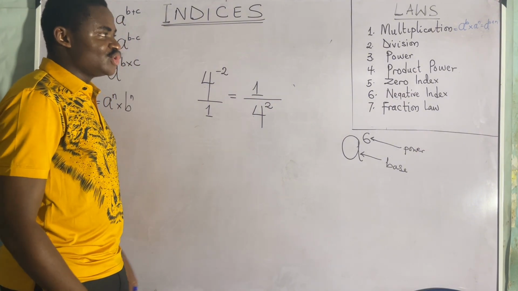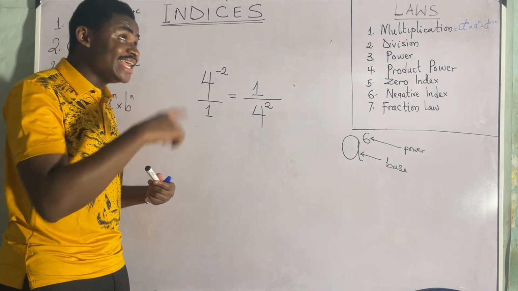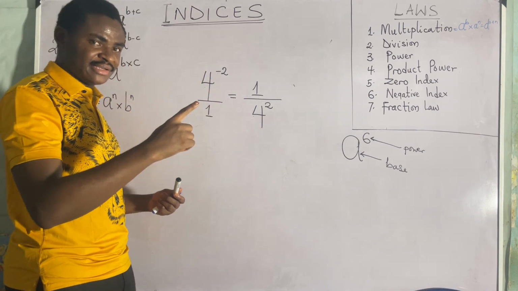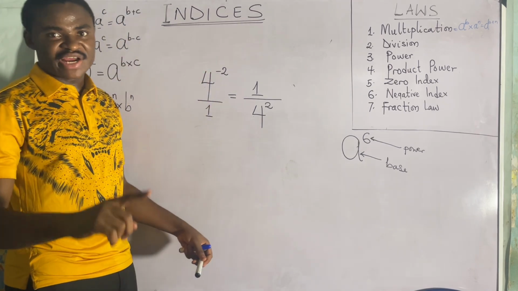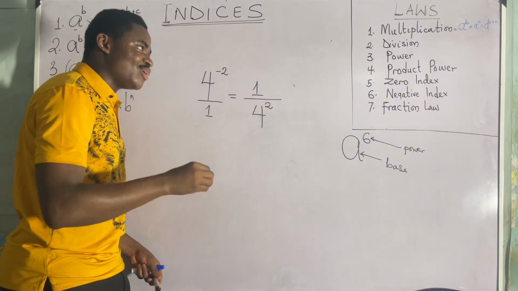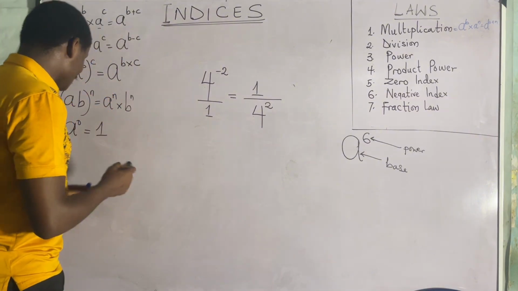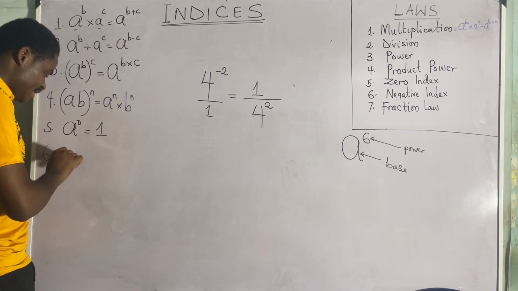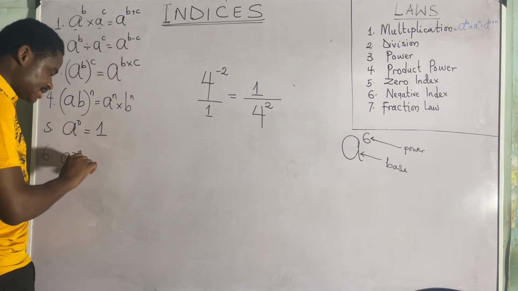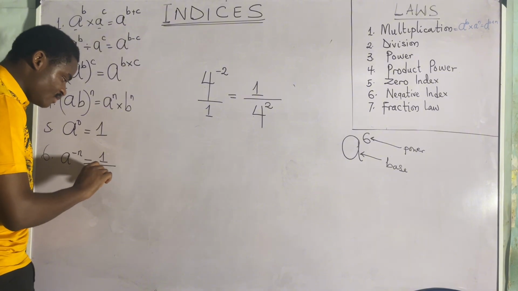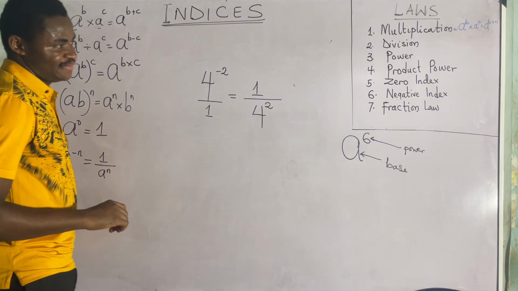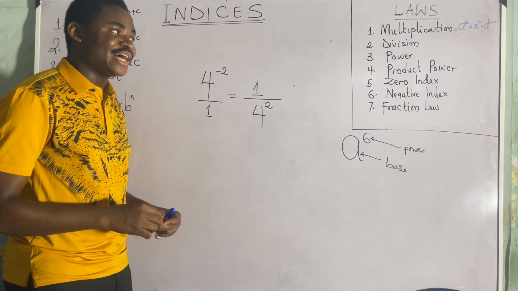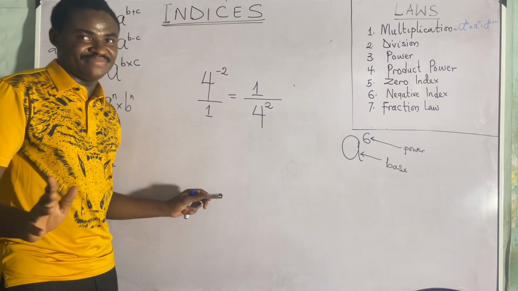So the negative index says that whenever I see a negative power, once I take the inverse fraction of it, it becomes positive. So I put that law here, number 6. The law says that if we have a to power minus n, this can be written as 1 over a to the n.